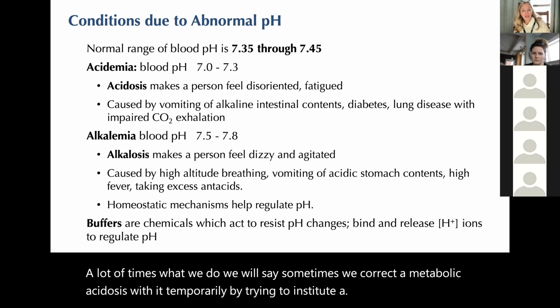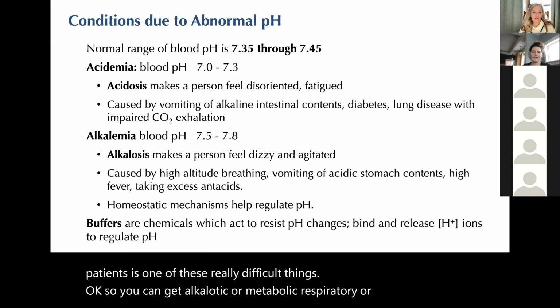So you'll see that with your patients in DKA, while we're giving them sodium bicarb and all that stuff, we're also maybe ventilating them to try to get a little bit of a respiratory alkalemia going on to also help take care of that. So yeah, it gets pretty complex. The whole acid-base management of patients is one of these really difficult things. So you can get respiratory or metabolic acidosis and alkalosis.